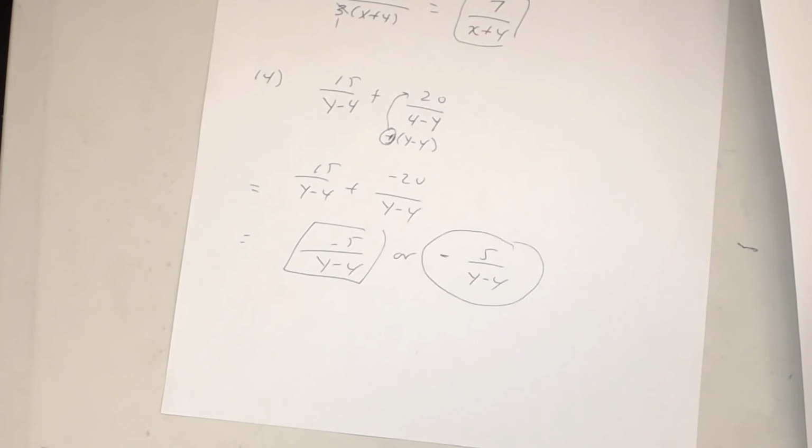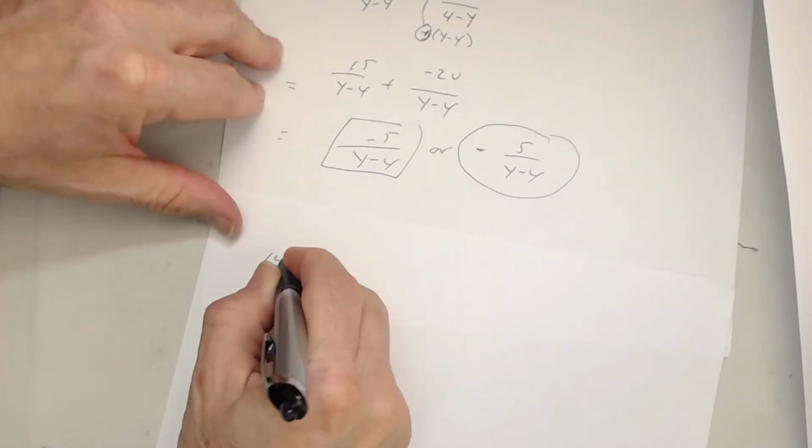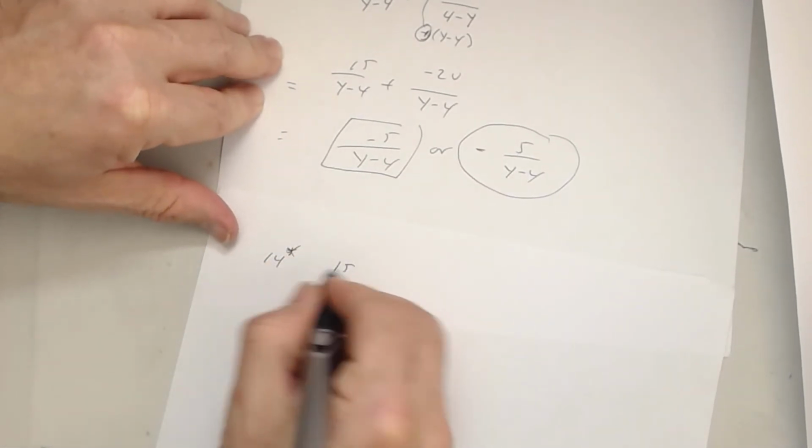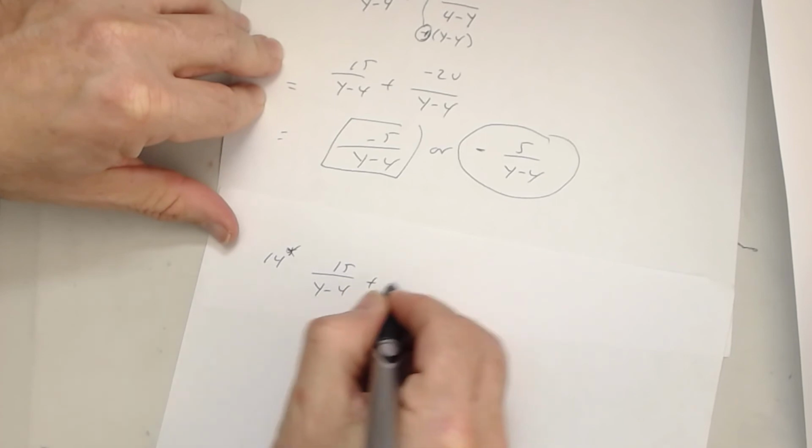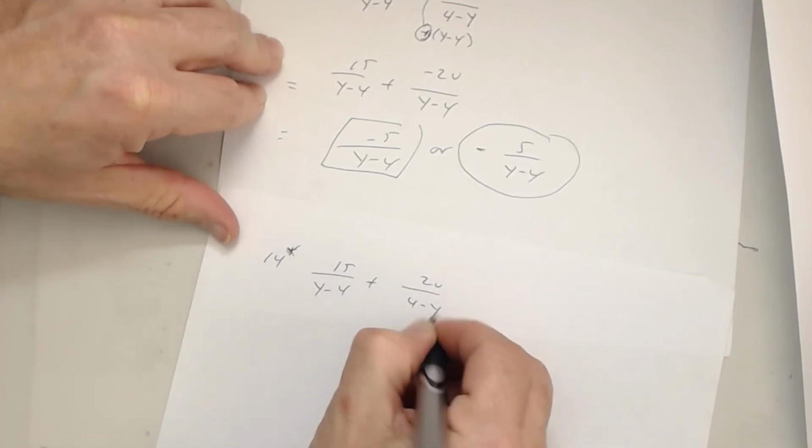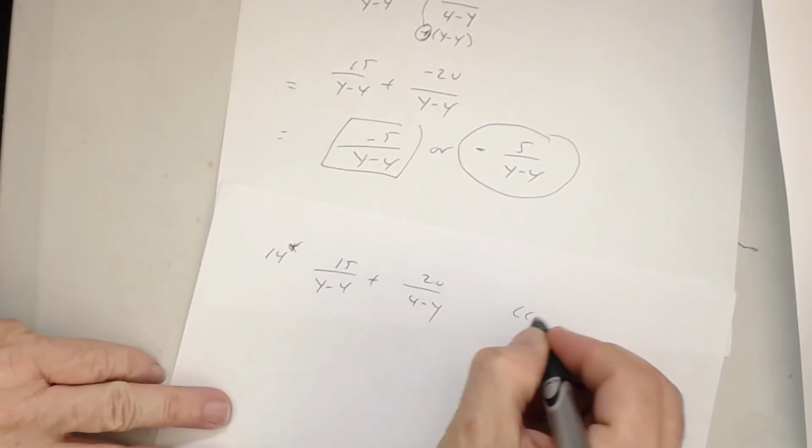Let's just see what happens. Okay, watch carefully. So I'm going to rewrite the problem, put this as 14 star. All right, so let's suppose you said, I'm going to say this is the LCD.